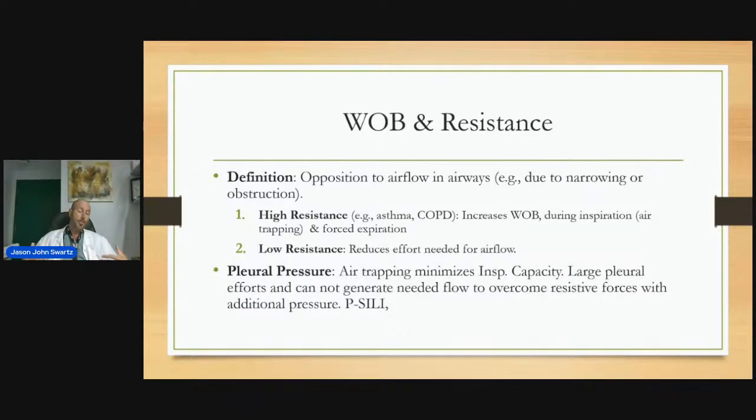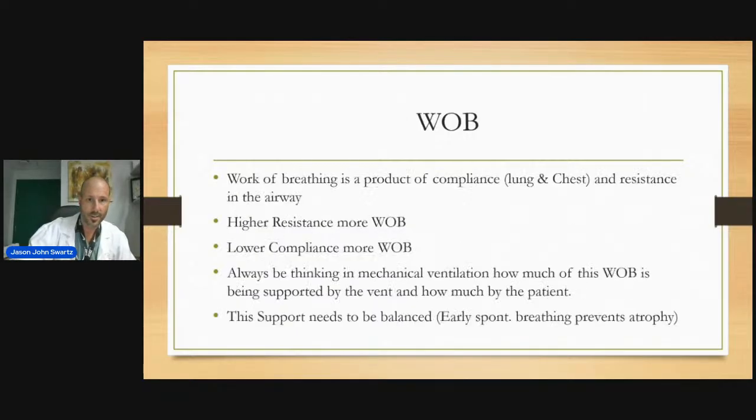And on top of it, you're not able to generate enough pressure to compensate for the resistive forces on inspiration or expiration. So then you'll see the forced expiration, even with the use of the abdominal muscles trying to force out the air. So again, this means that we need to take charge, whether it's again non-invasive or invasive ventilation.